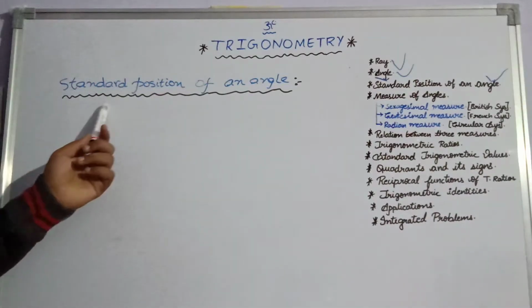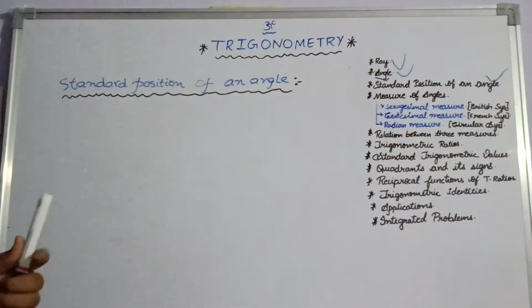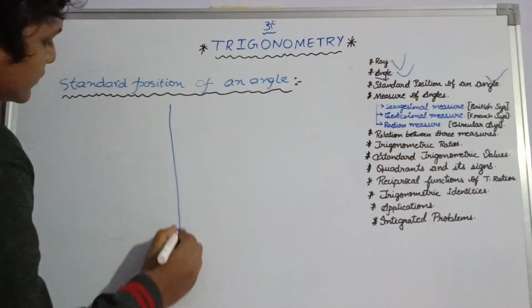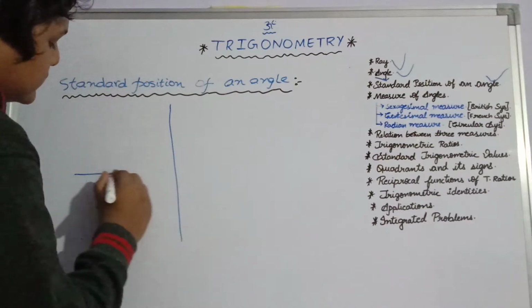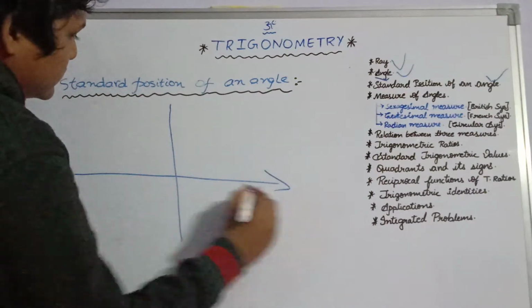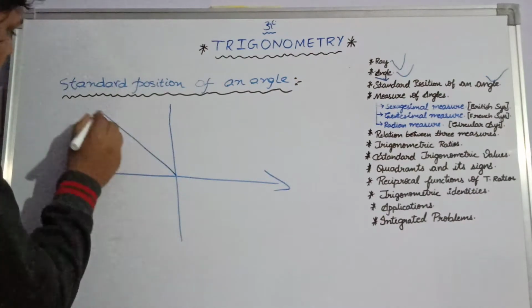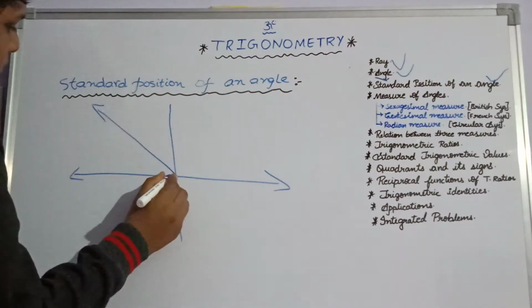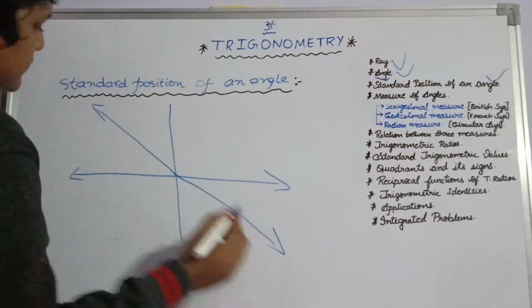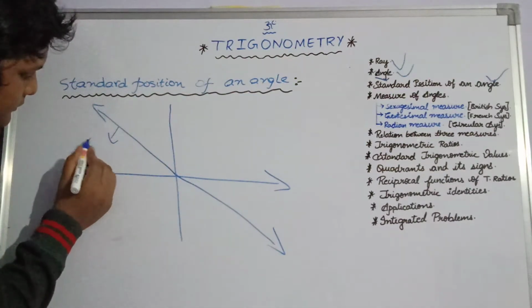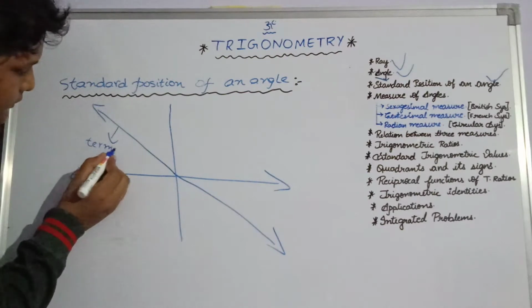Now we will know about the standard position of an angle. Let us consider a coordinate system. This is known as the terminal ray, which I have said before.